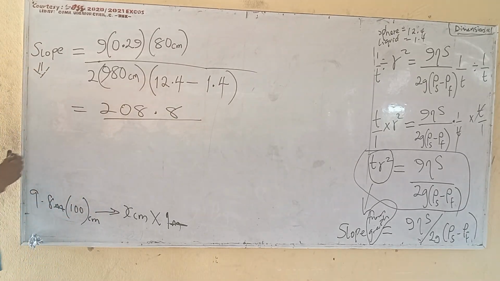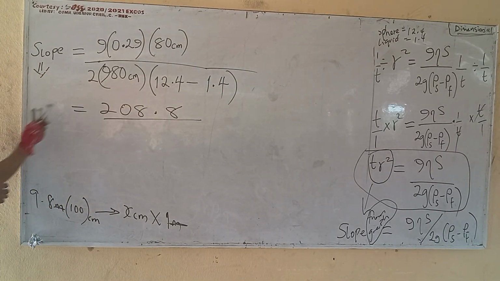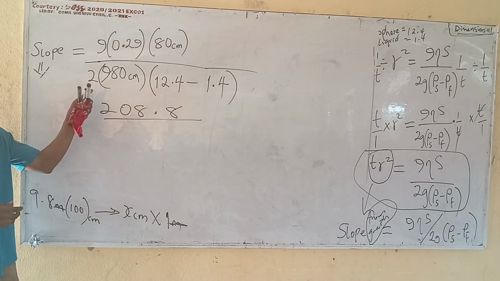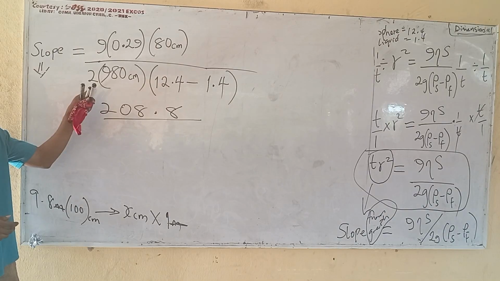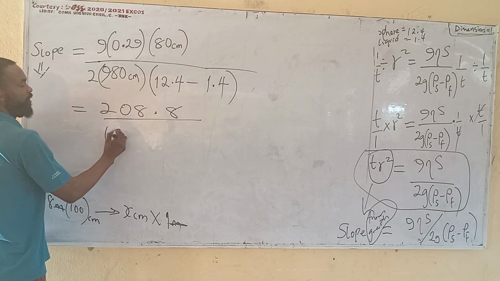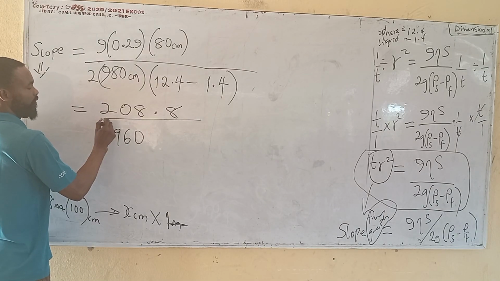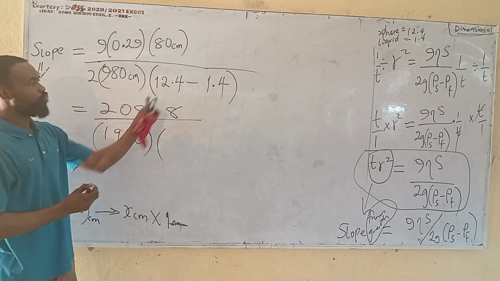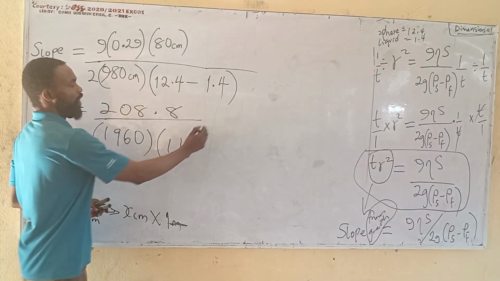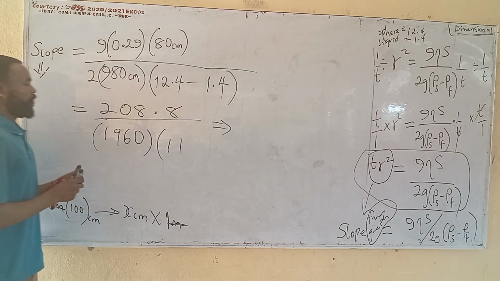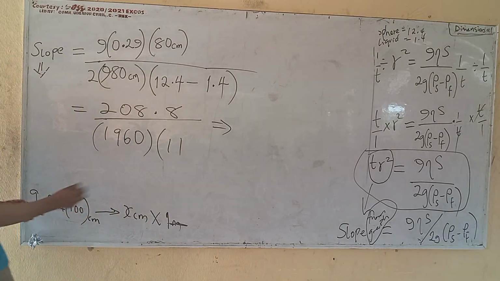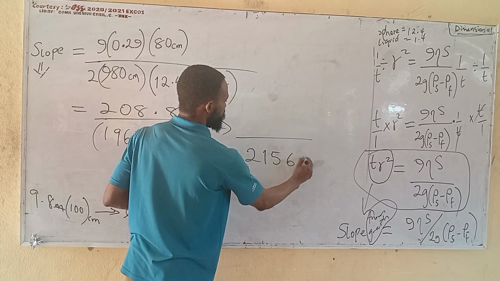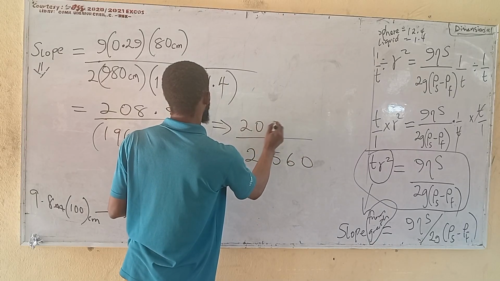Divided by 2 times 980. 2 times 980 is 1960.